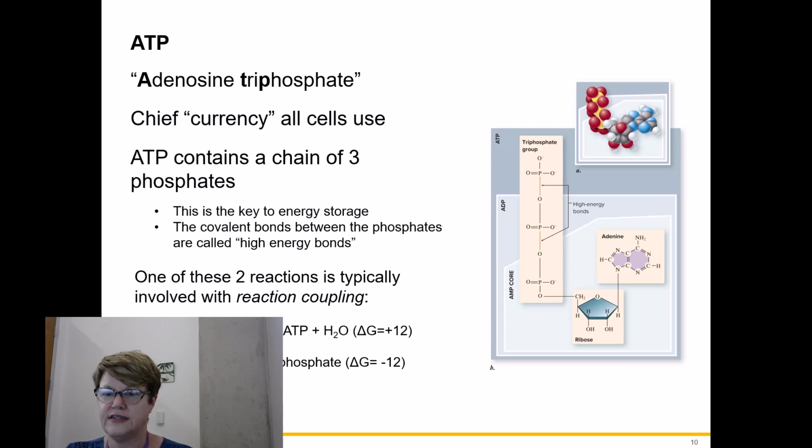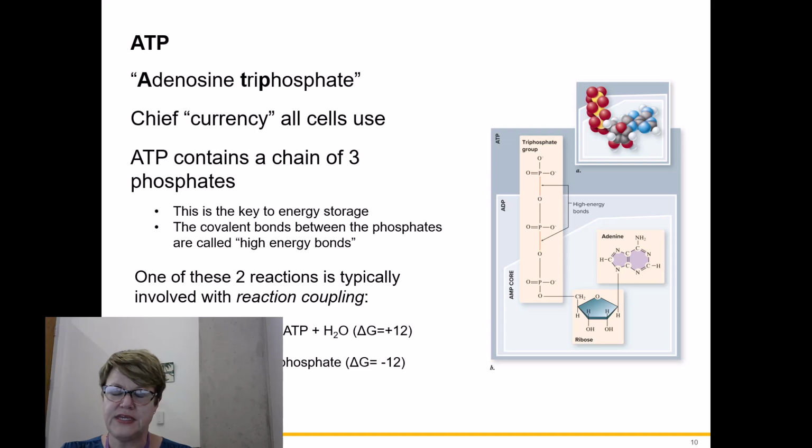If you look at it, it has the components of a nucleotide: the ribose, the nitrogenous base called adenine, and then phosphate. But in this chapter, we're looking at the function of ATP as an energy molecule. So it has this dual function, and ATP as an energy molecule is what we're focusing on here.